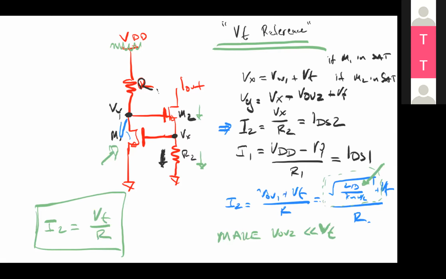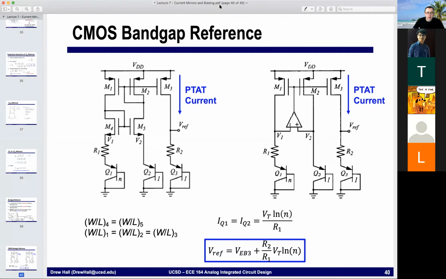Let me switch sharing here. If you're talking about any kind of large integrated circuit, they are not going to use a VT reference. A VT reference might be used in a relatively small design. A large design is going to use a band gap, or something that looks like one of these two circuits, or even a more advanced version of it.